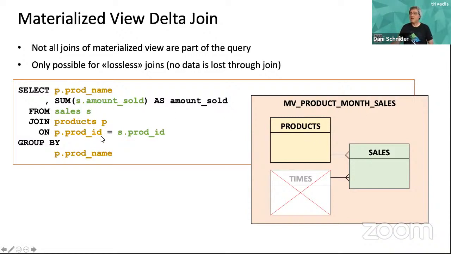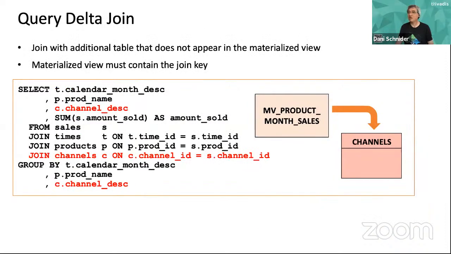And in this case, hopefully the materialized view will also be used. There is a precondition called a lossless join. That means it has to be guaranteed that we don't lose any data if we do an additional join on a table that is not used here in the query. And that should be the case here, because it doesn't matter whether I join the date of the transaction or not. It should not change the result at all.